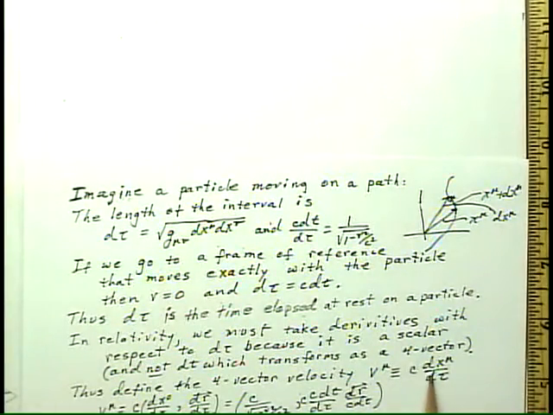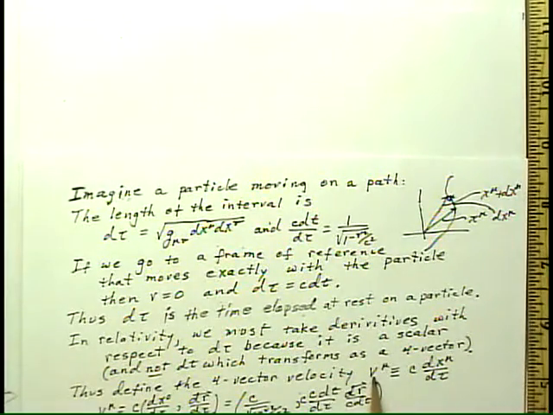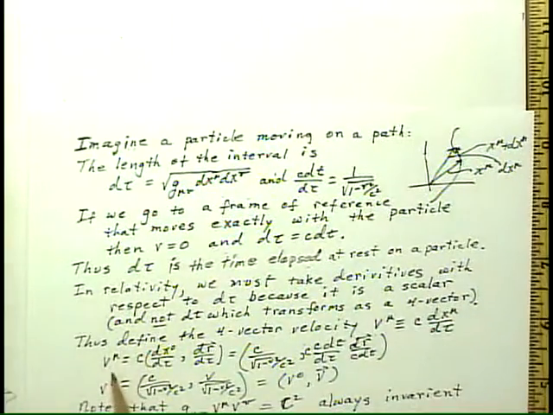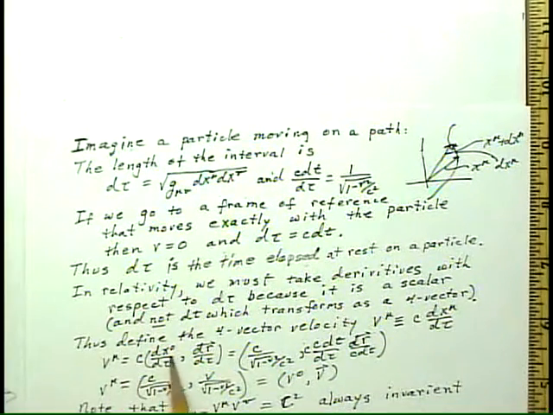Therefore, this quantity is dimensionless, and we multiply by c to maintain the dimensionality of our velocity as meters per second. Therefore, we can write v mu in its 4 components as c dx0 over d tau and c dx^i over d tau.